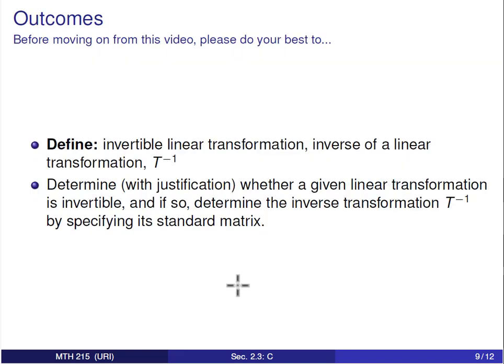Okay, as we wrap up here, we have defined what invertible linear transformations are. They're linear transformations that can be undone using another linear transformation, which we're calling T inverse. And to decide whether a linear transformation is invertible, what you really need to do is talk about whether the standard matrix has an inverse.